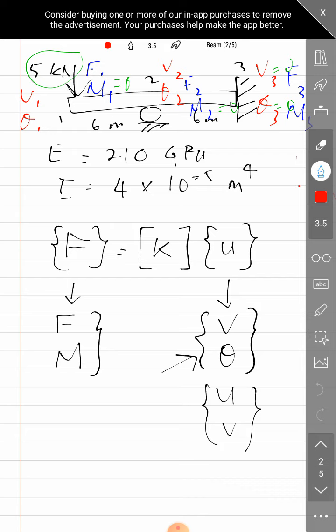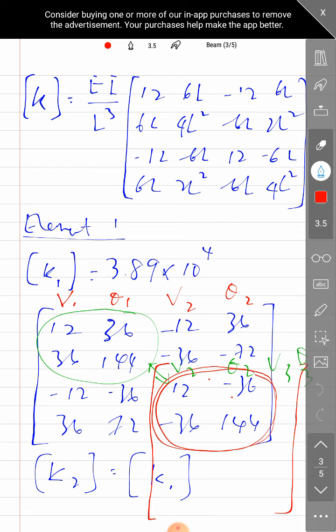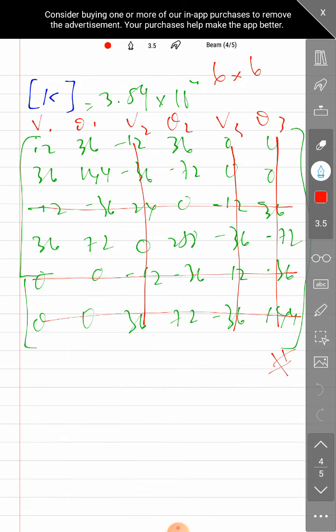It has its own equation, so you just need to use the equation and plug in the numbers. Next, you find the global K by using superposition. This is your global K, and then after that you apply your boundary condition, and that will simplify your equation.